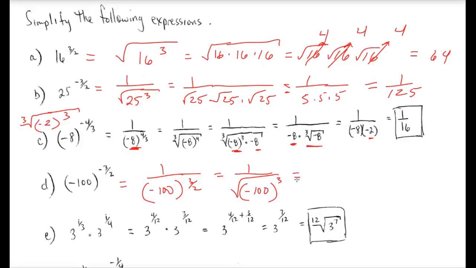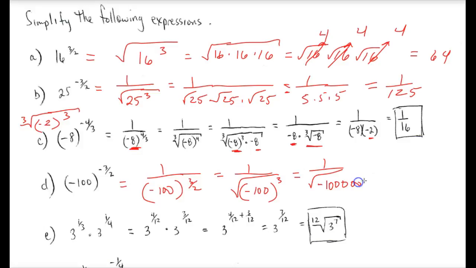And so from there, if we keep going, we'll see that we're pretty much going to have an issue here, because we know that if we take negative 100 and we cube that, that's going to be a negative 1 million.